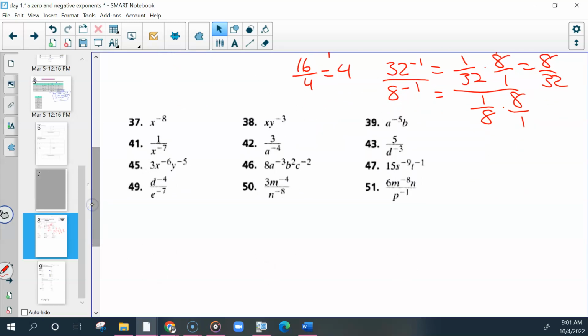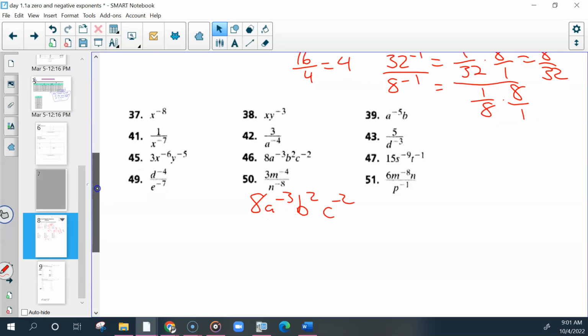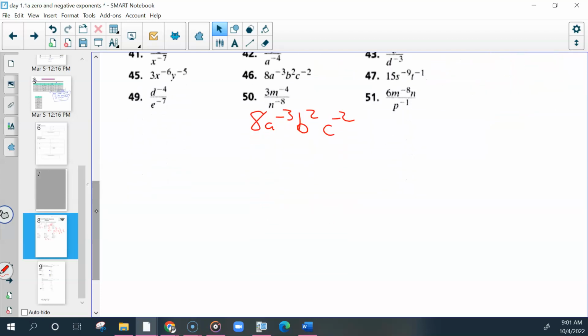46. Here you have to think about each thing as its own thing. 8 and A are next to each other, but they're not together. B squared and C to the negative 2 are next to each other, multiplying. There are invisible dots between all of these. So you're just changing what is negative, or what has a negative exponent. So if you were just going into the method, the things with negatives would go to the bottom.